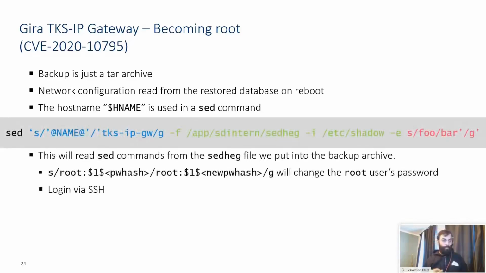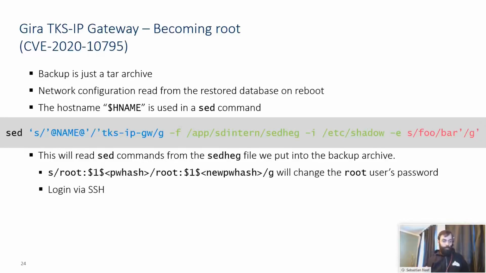It looks like this. So we didn't really manage to inject any new commands, like in a classic shell command injection, but instead we managed to inject new parameters to this sed command. And there are a few parameters that we could use to our advantage. So at first, we injected -f, pointing to a file with additional sed commands that would be executed.